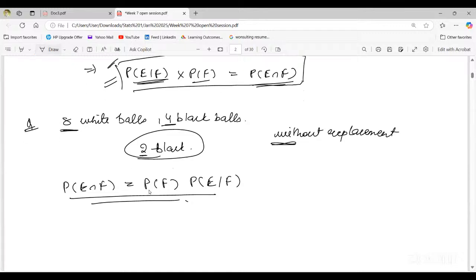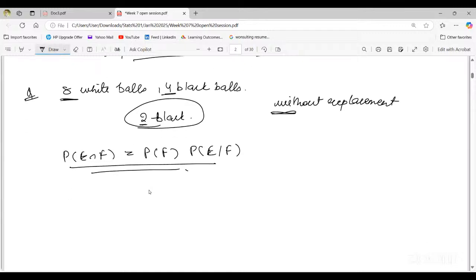So the first condition is I'm drawing a black ball. In total, how many balls are there? 12. So the probability of getting a black ball first is 4 by 12.